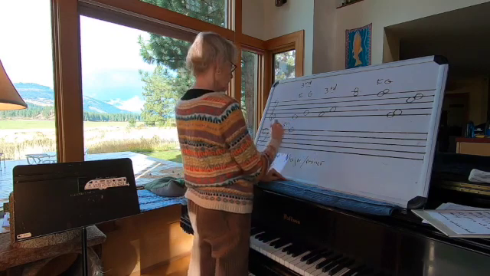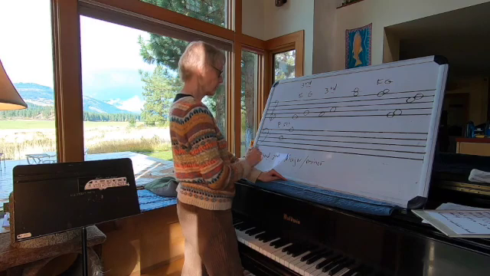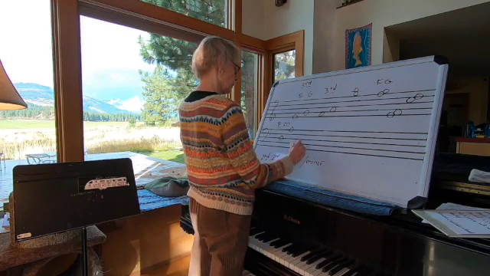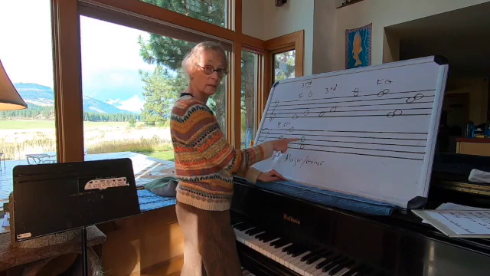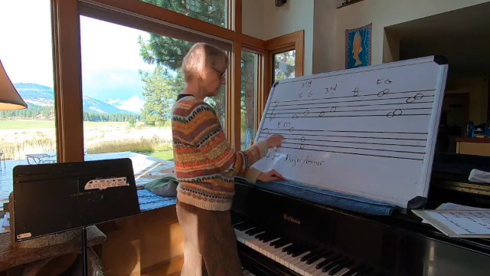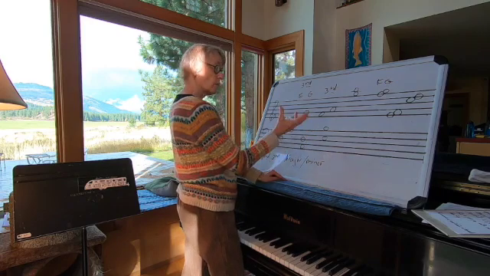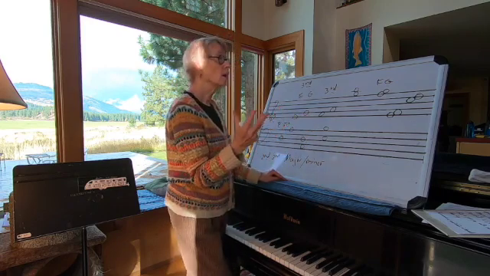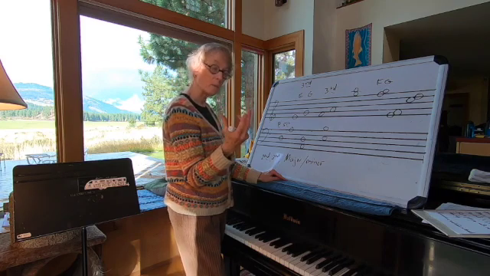And that's a perfect interval, perfect fifth. Let's play a fourth. A fourth will always be a space and a line because the fifth is line to line or space to space. So they're going to always work odd and even in that way.